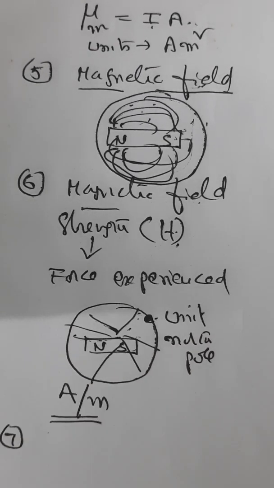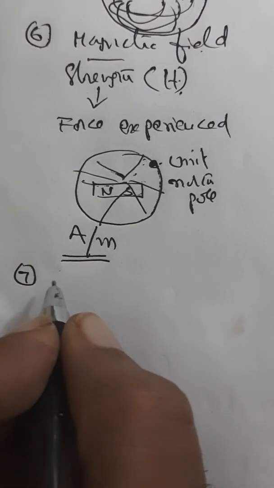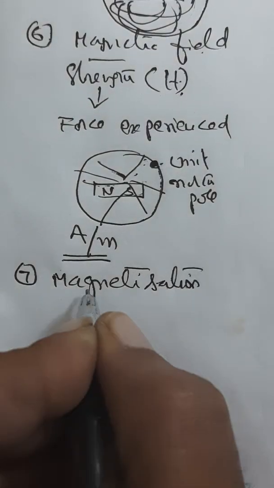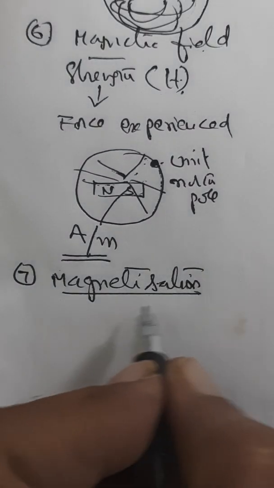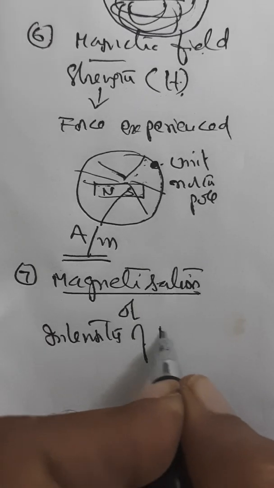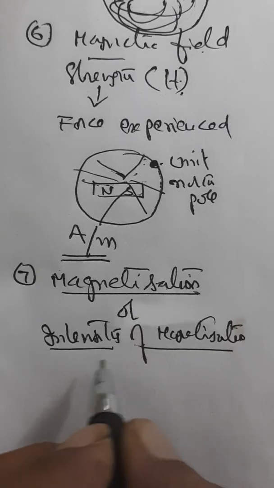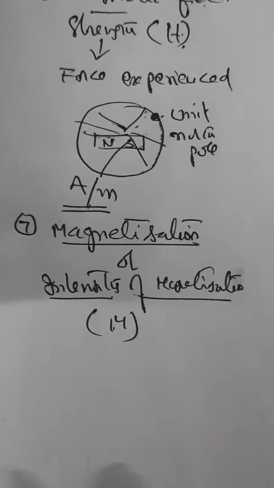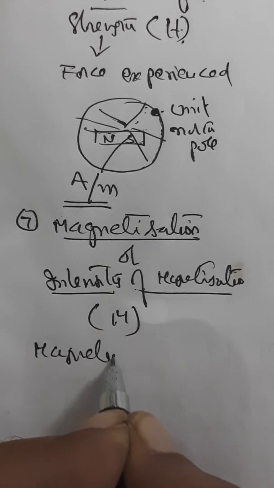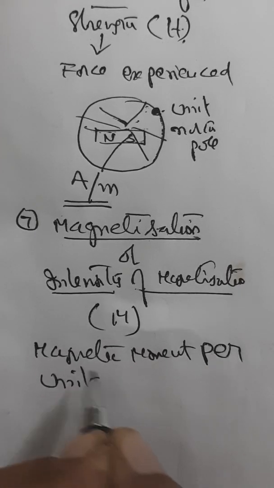Next thing we will come across is something called magnetization, or it is also called intensity of magnetization, represented by the letter M. This is nothing but magnetic moment per unit volume.